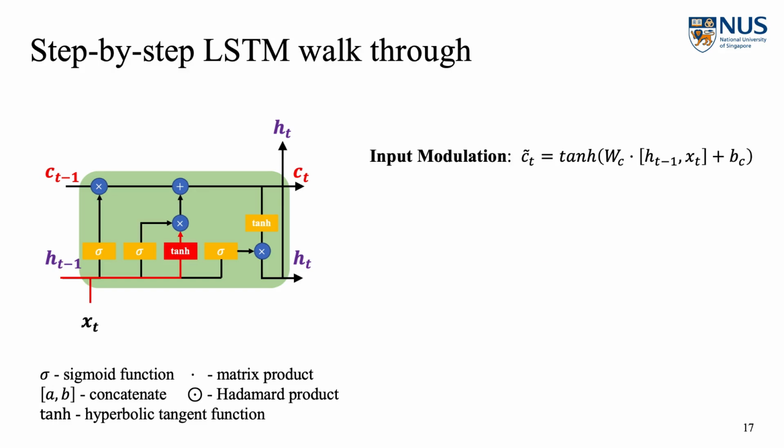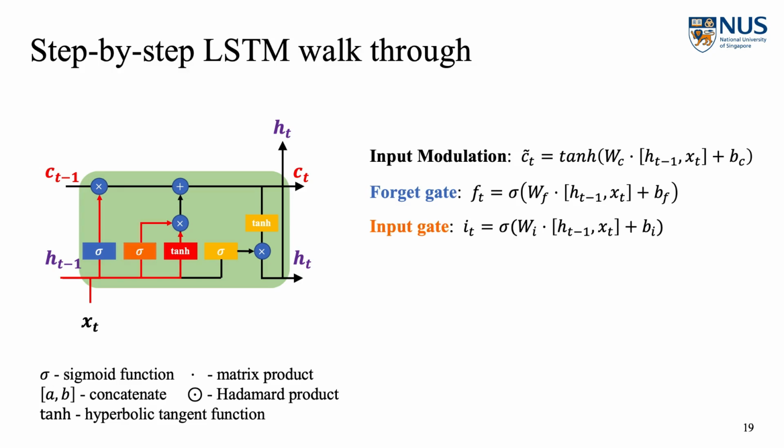At time t, the previous hidden state ht-1 and the current input xt are concatenated and taken as input to the dense layer with the hyperbolic tangent activation function to calculate the modulated input. The same input is passed to three separate sigmoid dense layers to obtain the forget gate, input gate, and output gate separately.